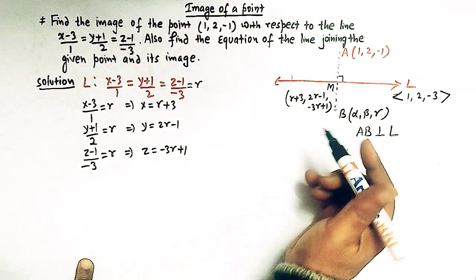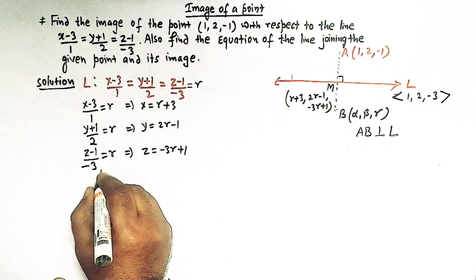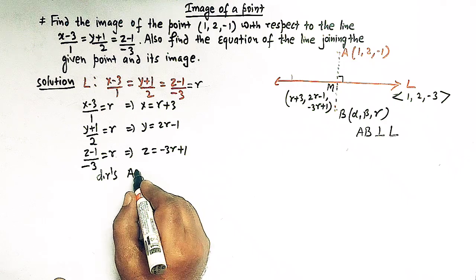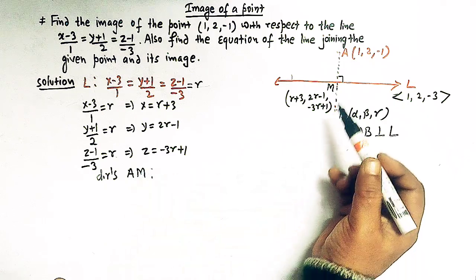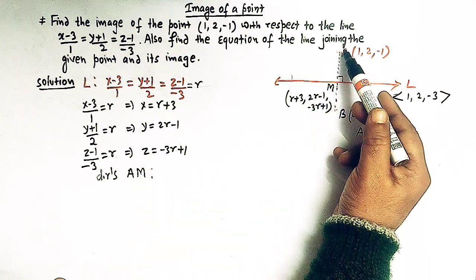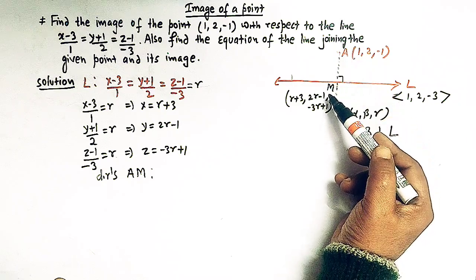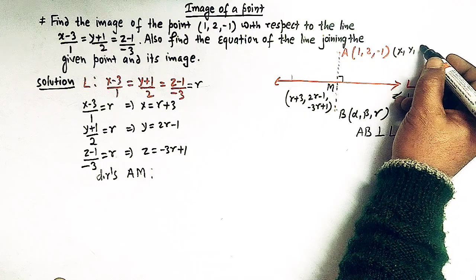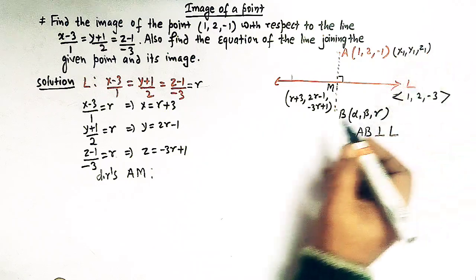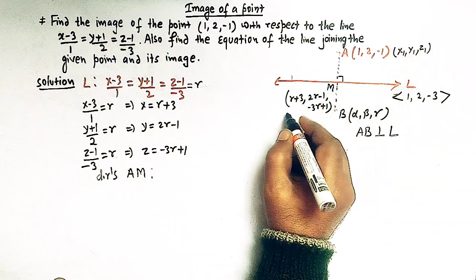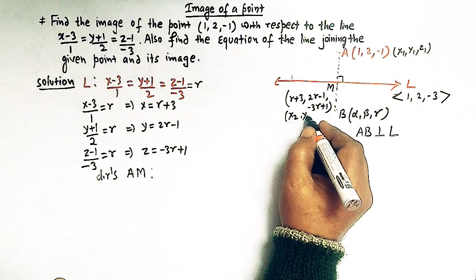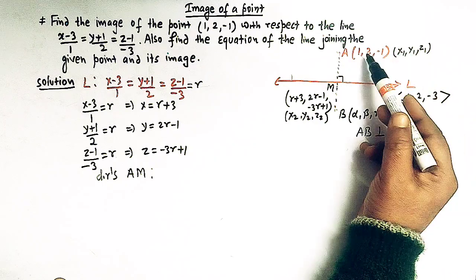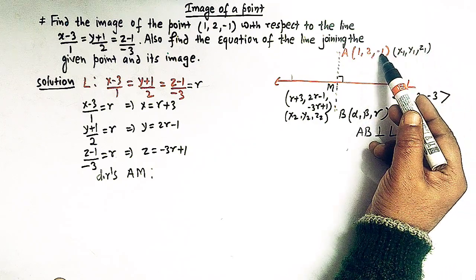So now let us find the direction ratios of AM, right? Direction ratios of AM can be obtained by subtracting these two coordinates, because if we take A as x1, y1, z1, and the coordinates of M as x2, y2, and z2, then x1 is 1, y1 is 2, and z1 is -1.